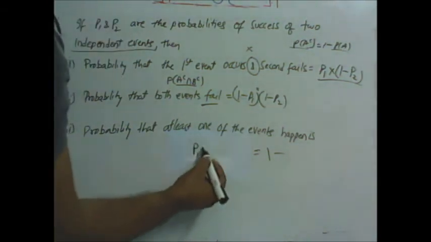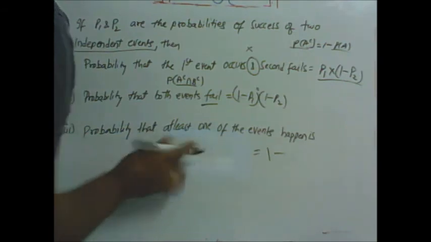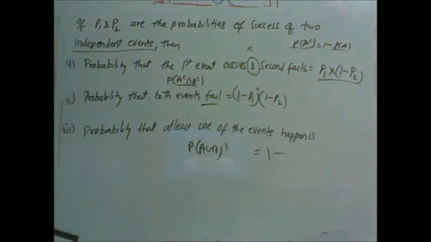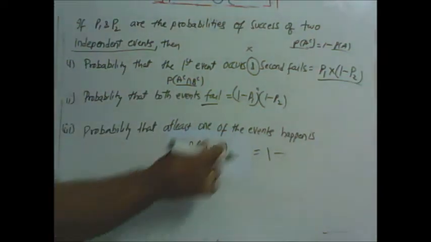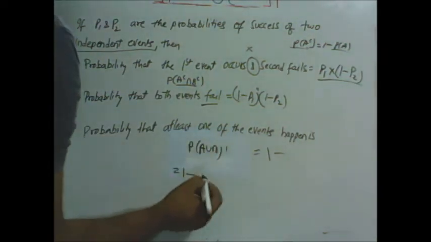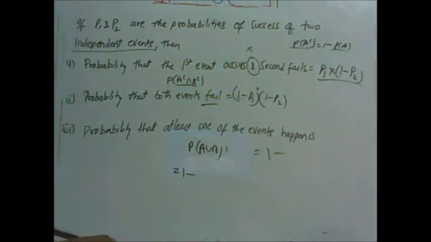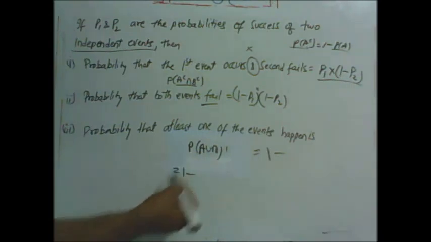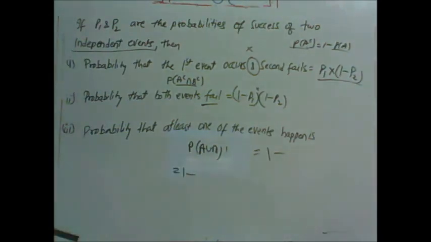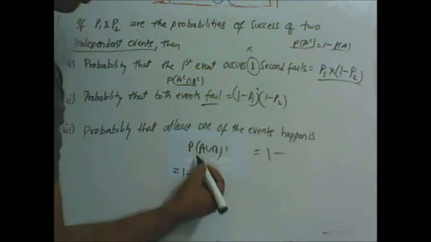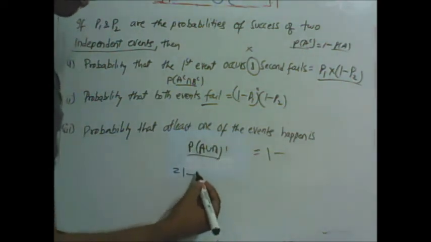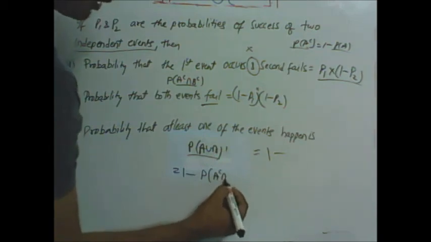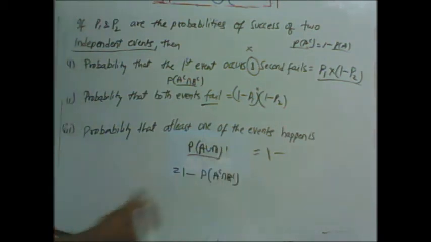That means A union B. From 10th class we can recall that A union B is nothing but the universal set minus A complement intersection B complement. In probability terms, P of A union B will become 1 minus P of A complement intersection B complement.